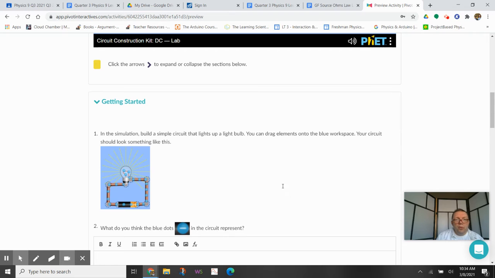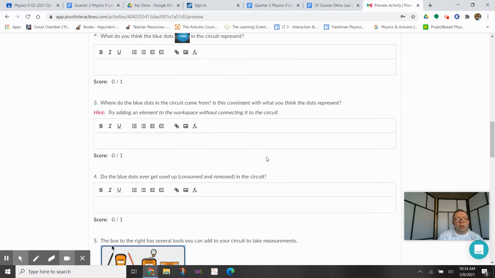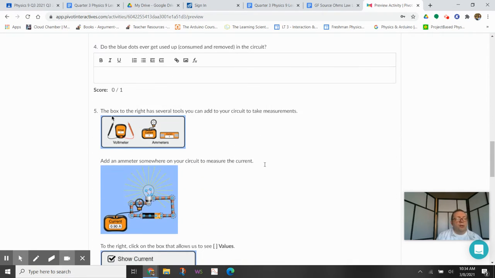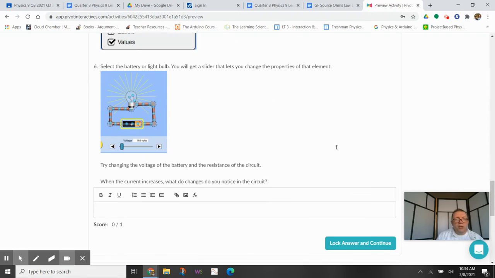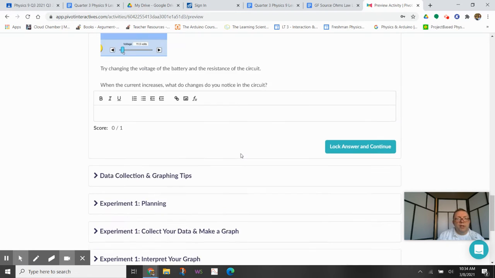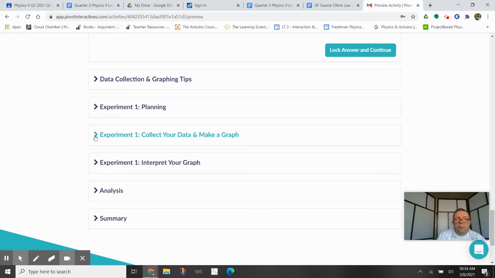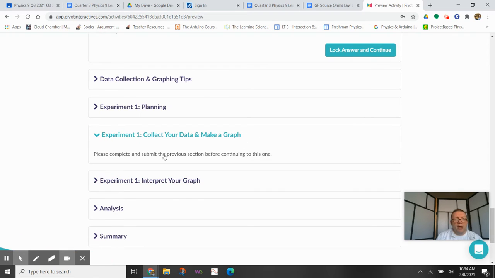There are questions through here. The things I want to focus on are the setup, the data collection, and making a graph.